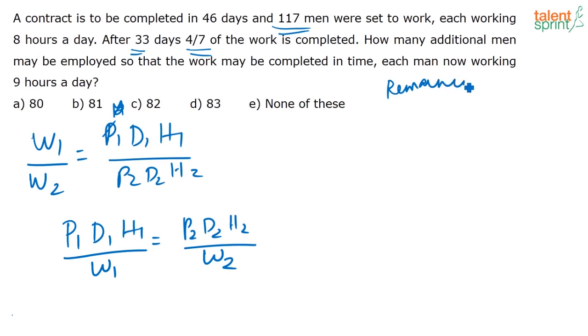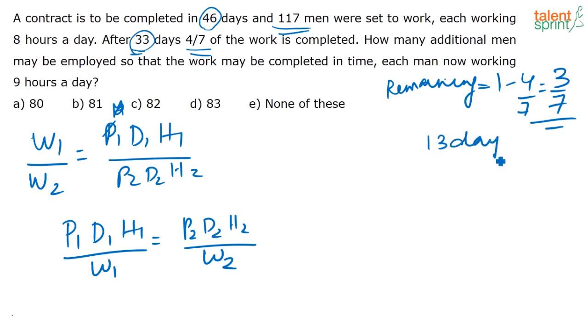Always in time and work questions, total work is considered as 1, that is whole. So 1 minus 4 by 7, that is 3 by 7 of the work has to be completed. Now in how many days should 3 by 7th of the work be completed? These people have already worked for 33 days and the work has to be finished in 46 days. So in the remaining 13 days, they should finish 3 by 7th of the work.